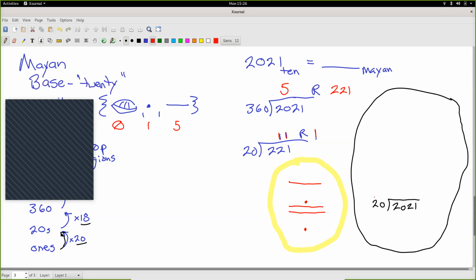And so 20 goes in there. I think we already figured this out, didn't we? Oh no, we haven't done 20 into it yet. Okay, so 20 goes into 20 once, no remainder. 20 does not go into 2, but 20 goes into 21 once with a remainder of 1. So we should find out, if you want to use your calculator instead of doing short division, that it goes in 101 times with a remainder of 1.